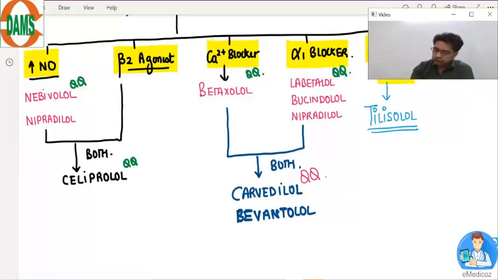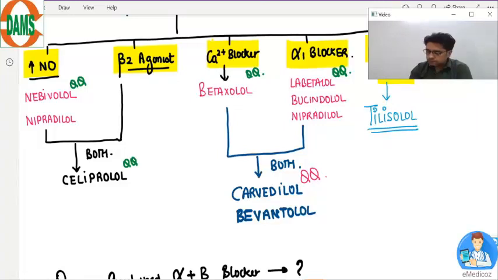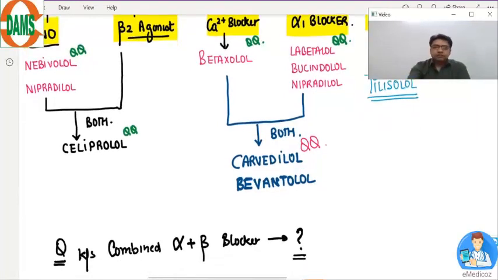Which of the following drugs are known as combined alpha and beta blockers?